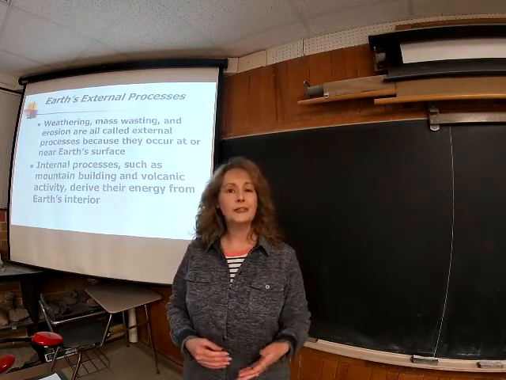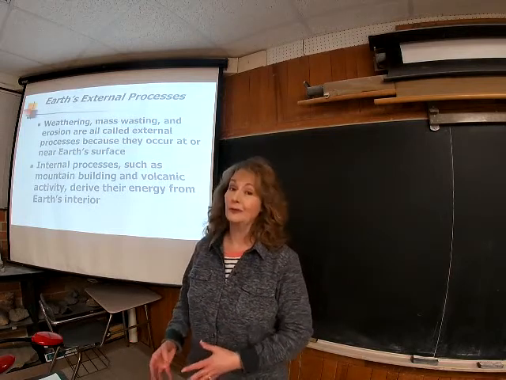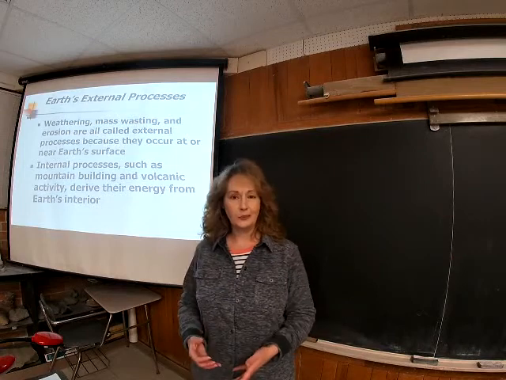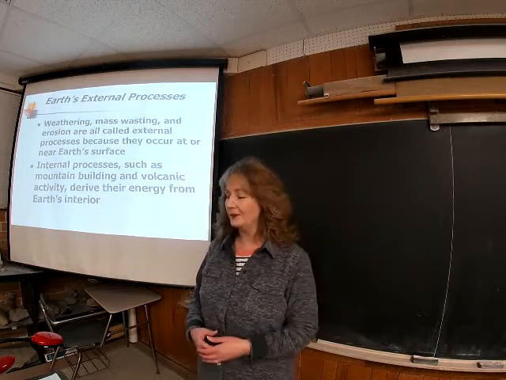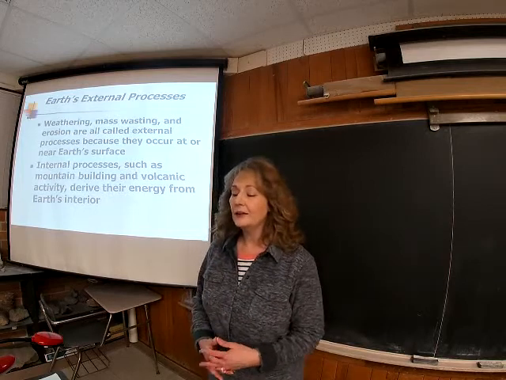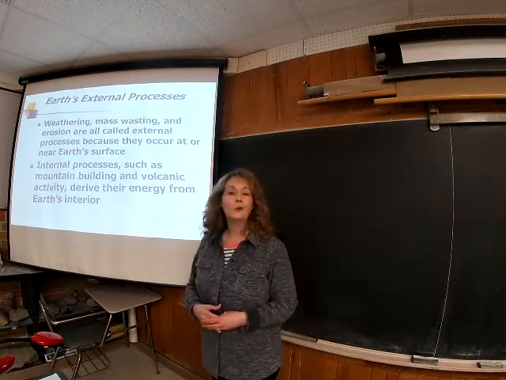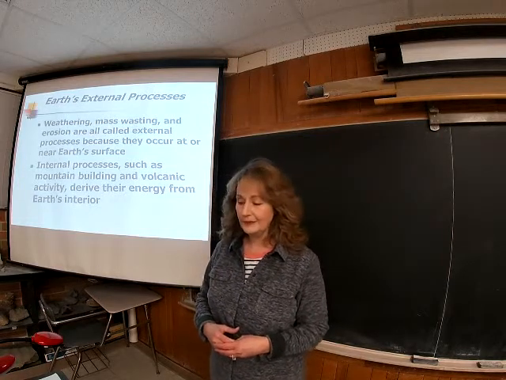But this one is usually a downslope motion by the force of gravity. It's a special type of erosion. And they're called external processes because they occur at or near Earth's surface.